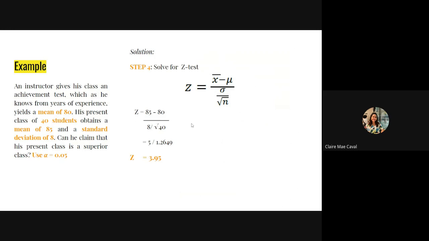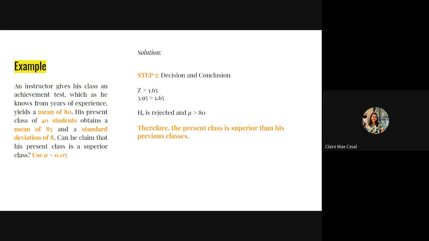Okay, divided by the population standard deviation, that is equal to 8, divided by the square root of 40 because that's the total number of observations or total number of students. So using this formula again, na substitute na natin, you will come up with an answer z is equal to 3.95. Dapat same tayo ng answer to know na tama yung ginagawa mo.